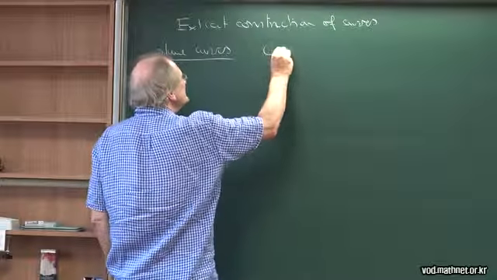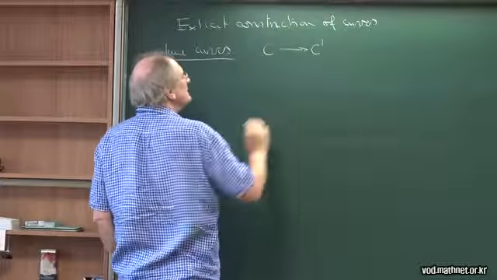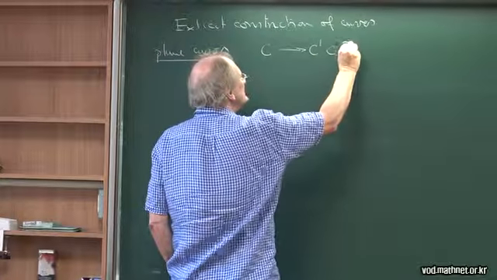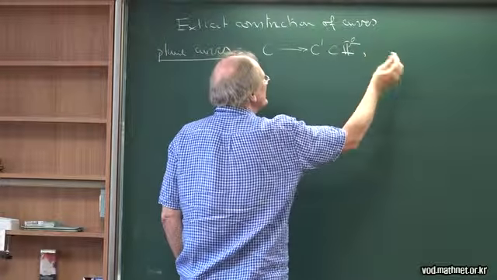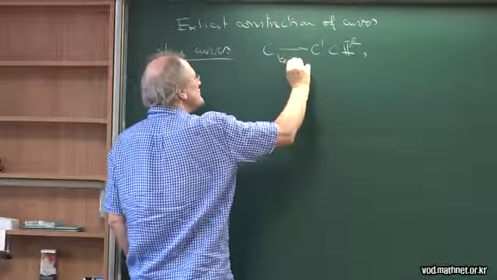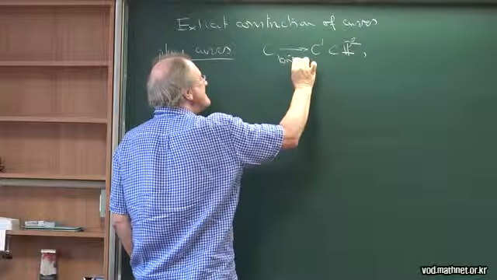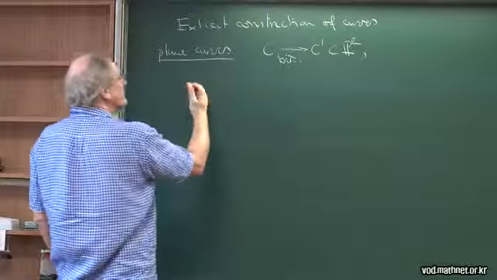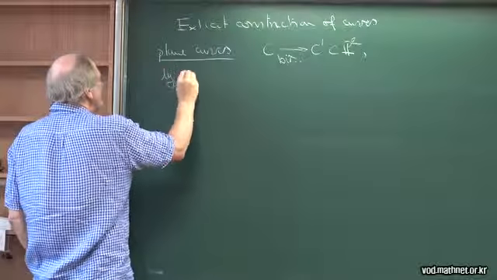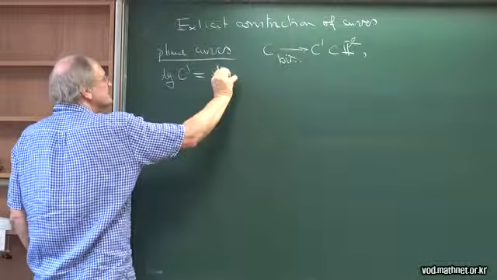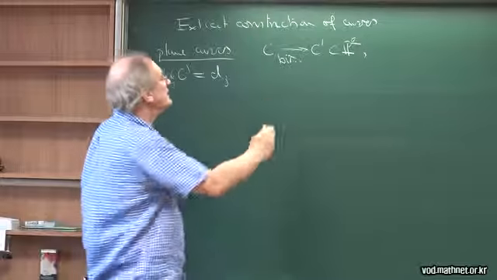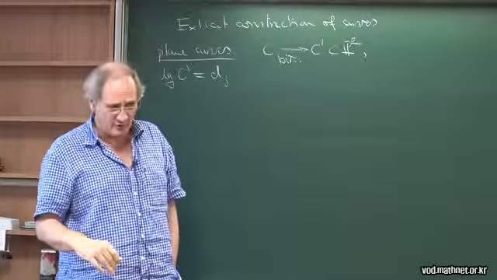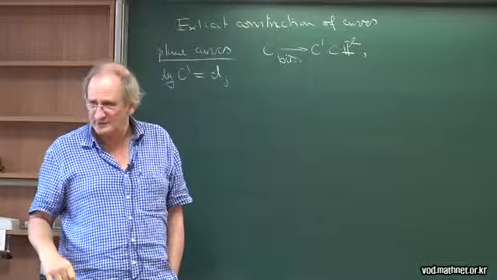So we have C to C prime in P2. This is birational. The degree of C prime, say, is d. Then we can compute by the genus formula of plane curves the number of nodes.